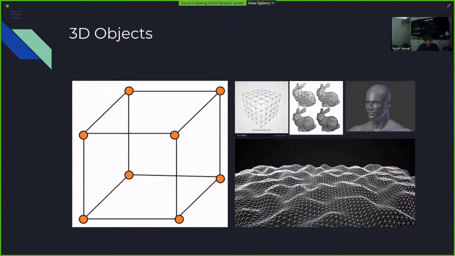When we talk about 3D objects, all 3D objects that we see on our screen are essentially laid out in a form wherein they comprise corners like these. These orange dots are corners, and if you look carefully in all the images on the right-hand side, you would still be able to spot those corners. These are essentially points in the 3D world that come together to create a 3D object.